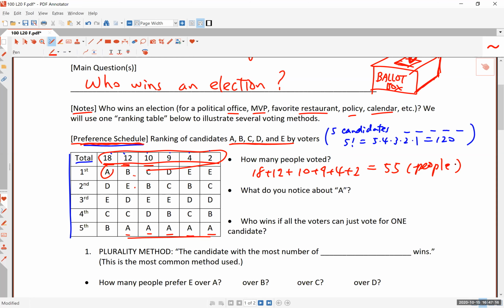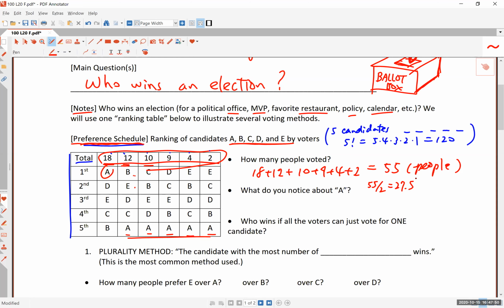This is not a very difficult thing, but if you have 55 people, you would assume that if one of the candidates gets a majority of these ballots, then that person should be declared a winner, right? So what is the majority? A majority is a number that is bigger than half. If you have 55 divided by 2, this turns out to be 27.5.